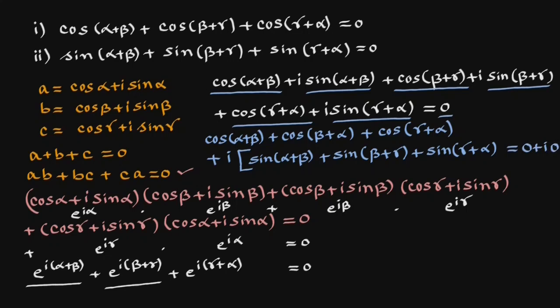Now equating real and imaginary parts, we get cos(α+β) + cos(β+γ) + cos(γ+α) = 0 as required, and sin(α+β) + sin(β+γ) + sin(γ+α) = 0 as required.